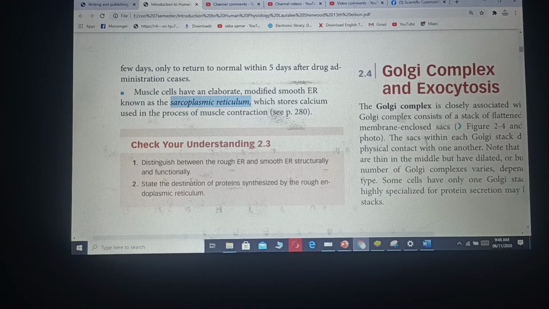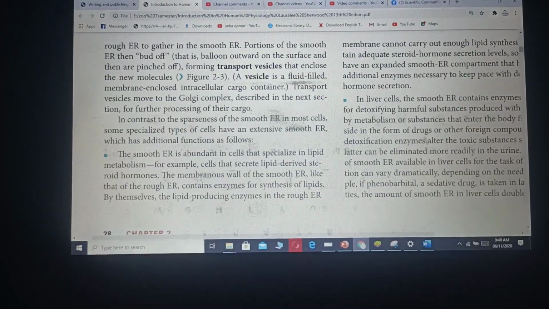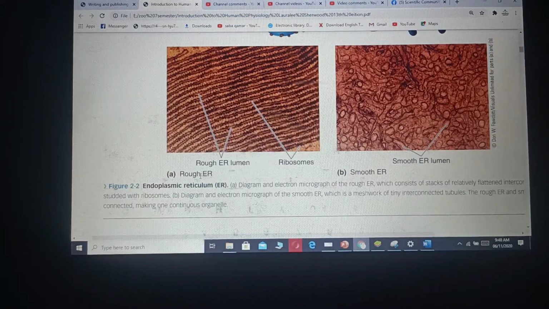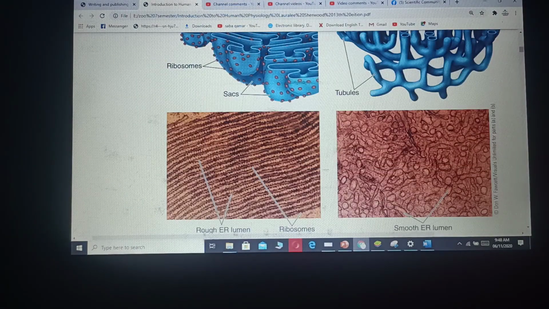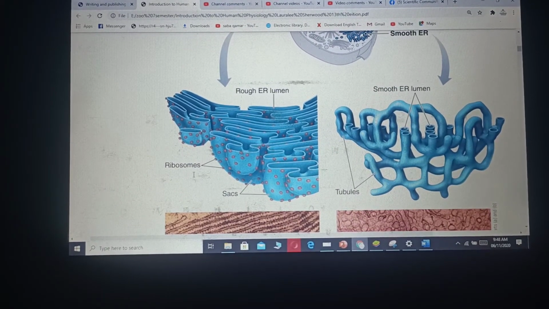Actually, the ultimate site of the proteins that are synthesized by rough endoplasmic reticulum is the lumen of the smooth endoplasmic reticulum, where they get packed and are transported towards the Golgi apparatus when they are budded off. So that is our today's lecture.